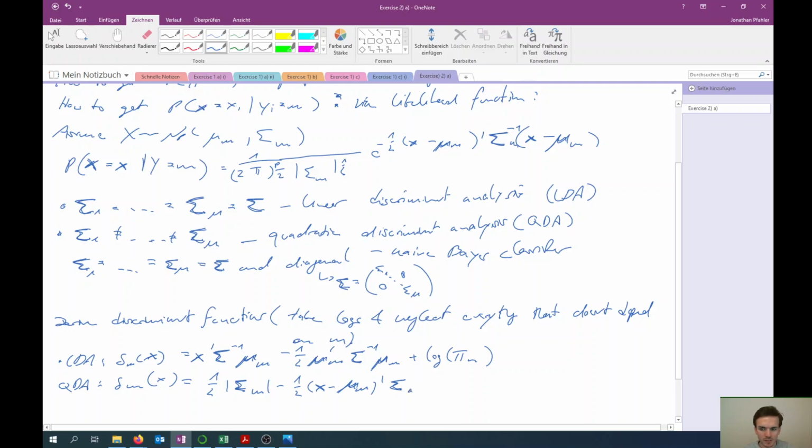And the nice property is that the argument that maximizes the respective discriminant functions will also maximize the density functions, and will therefore be the class that we find most likely for a given x. So that's our prediction then in the end.